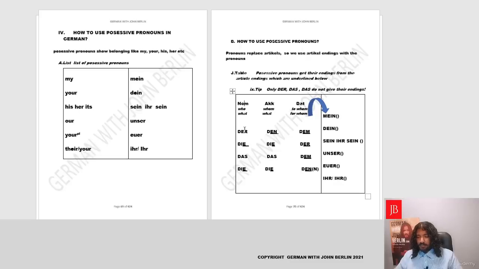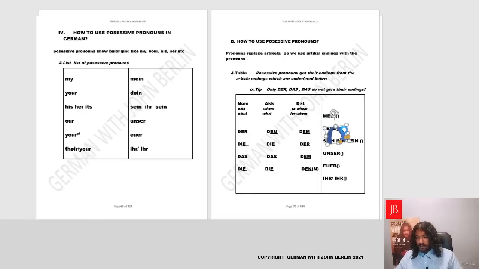Now we already know which endings the articles give: all the endings basically except der, das, and das. So these are the three articles which do not give their endings. All the other articles give their endings. So we'll be using these articles to determine the endings of these possessive pronouns.